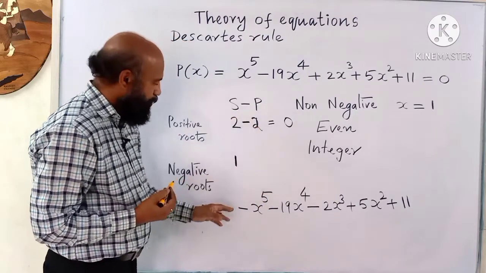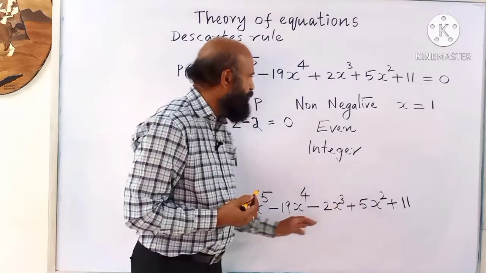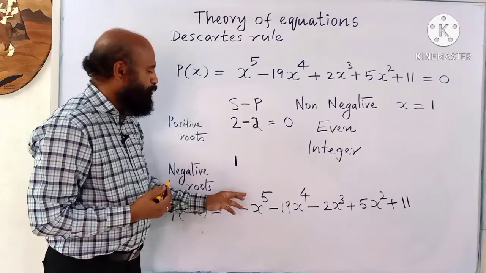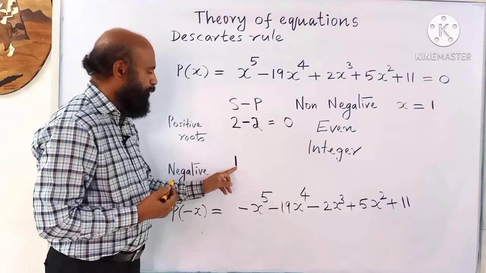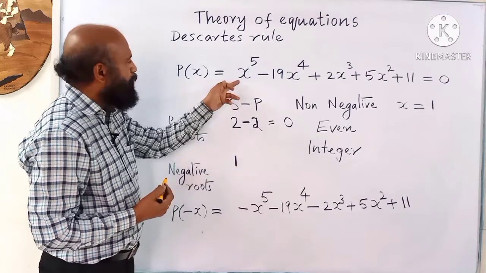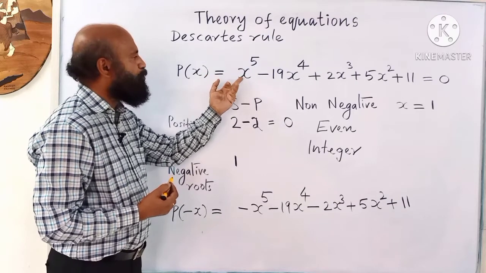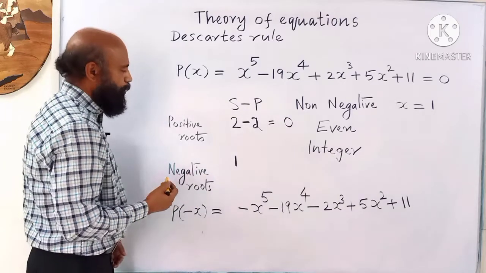Then the positive roots of this will be the same as the negative roots of the original. So the number of positive roots of this cannot be more than 1. Similarly, the number of negative roots of this polynomial equation cannot be more than 1.